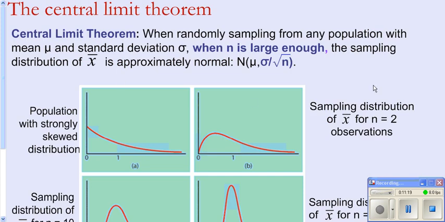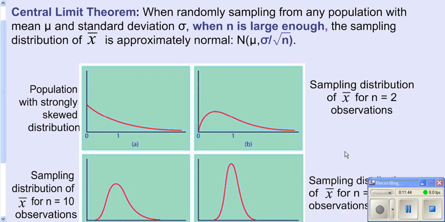Let's take a look at your central limit theorem. The central limit theorem says that if you take a large enough sample, your sampling distribution will end up being normal. Now, your original population may be skewed, and that's okay. But the central limit theorem says if your sample size is large enough, your sampling distribution ends up being normal.